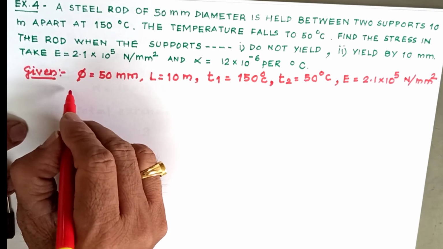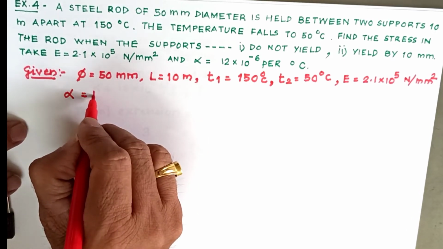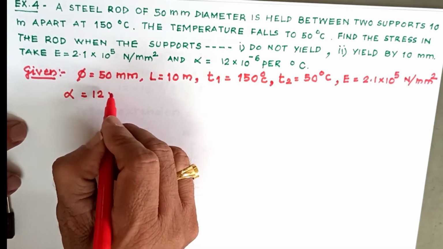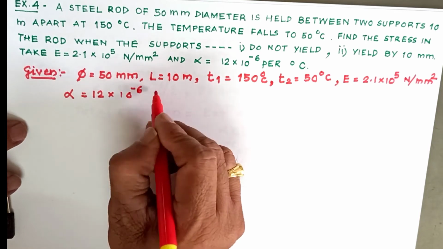Then alpha is given 12 into 10 to the power minus 6 per degree Celsius.